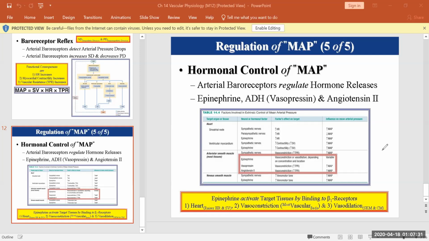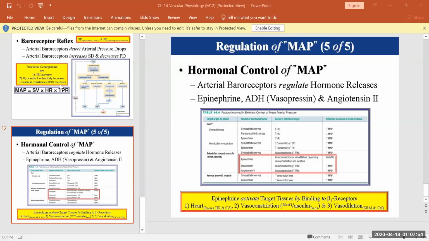Okay? If the postganglionic neuron releases norepinephrine, NE, the norepinephrine will activate alpha-1 adrenergic receptors. These are G protein coupled receptors. They will cause blood vessels to constrict. We call it vasoconstriction. If you do that, TPR will increase. Total peripheral resistance will increase.